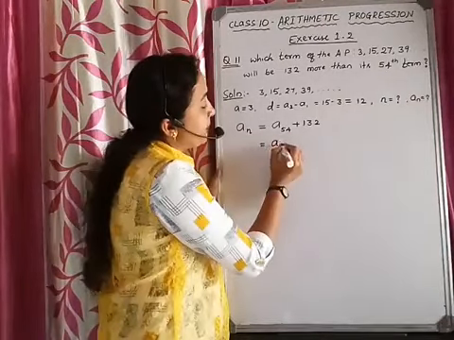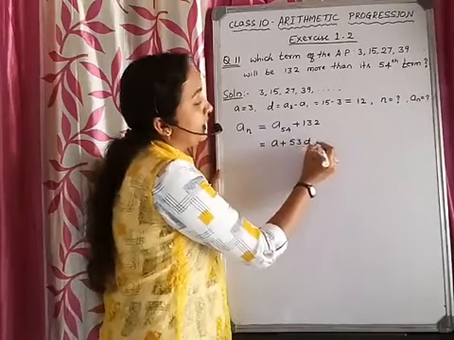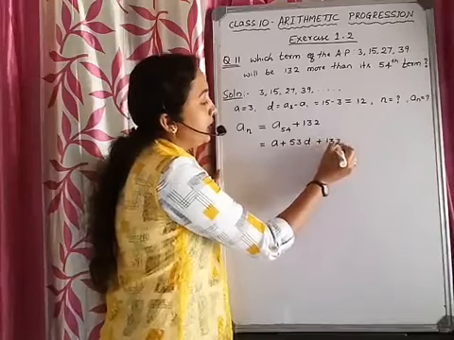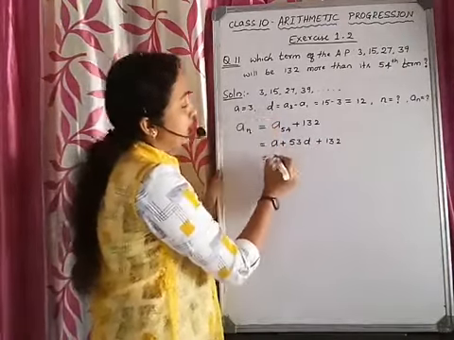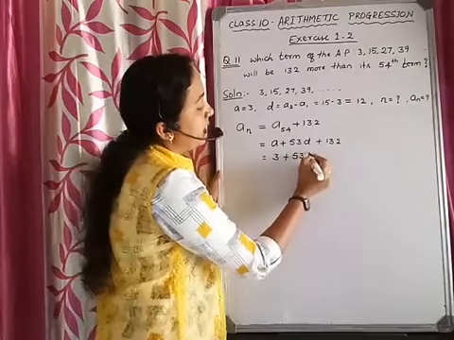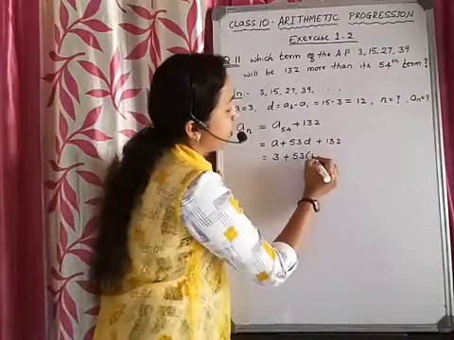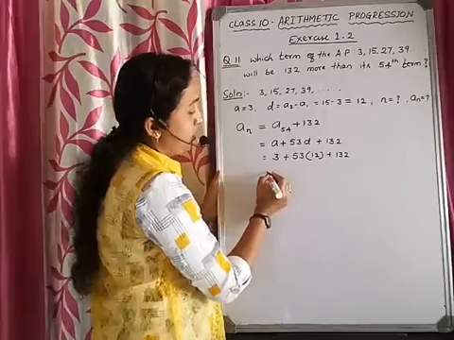So it is A plus 53D plus 132. So we know the first term is 3, plus 53 into D is 12, plus 132.